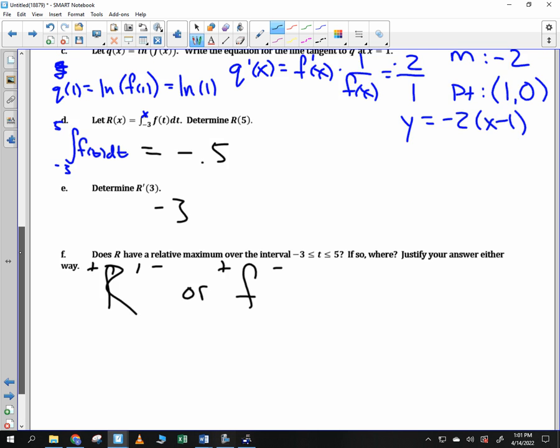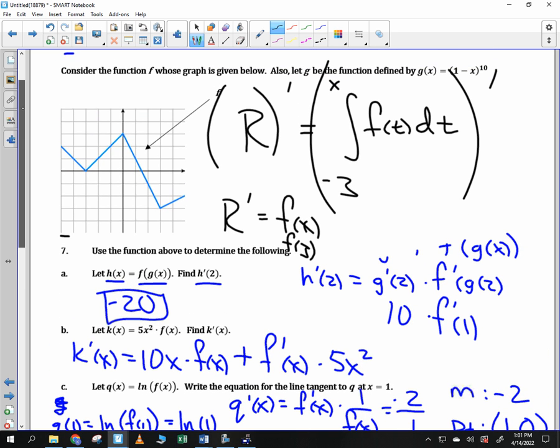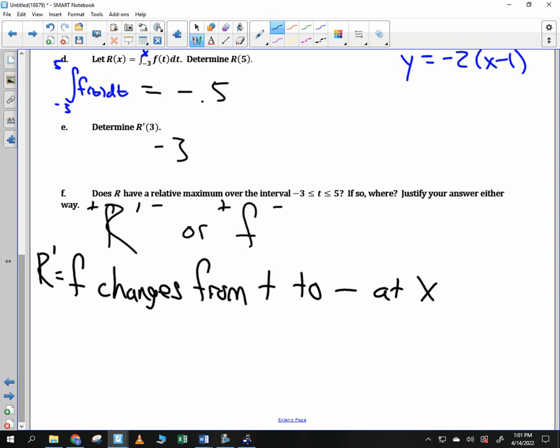So where does f change from positive to negative? Three halves? Yeah. So r prime, which equals f, changes from positive to negative at x equals 3 halves.